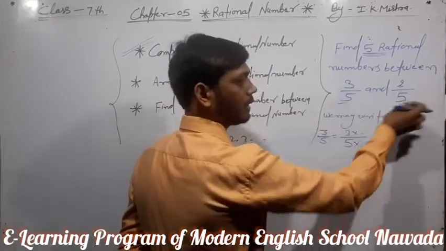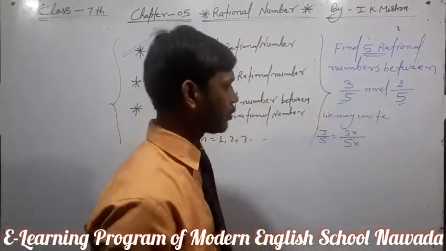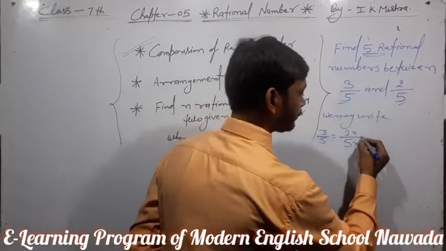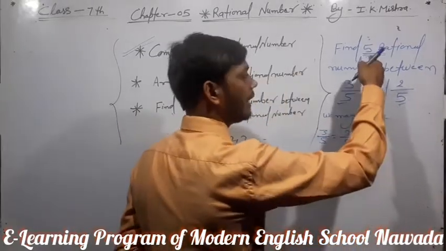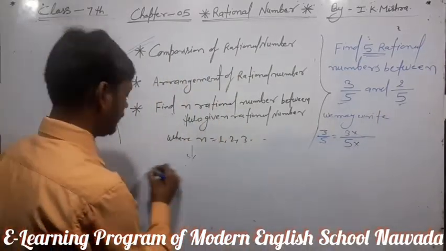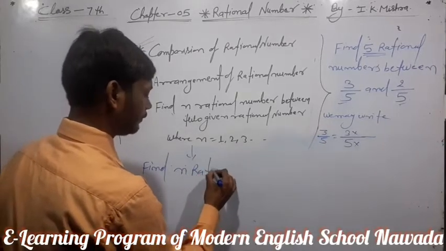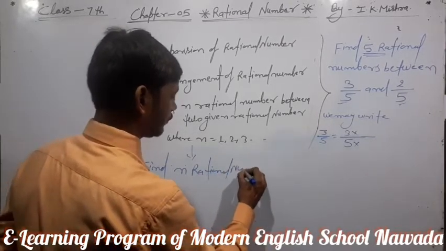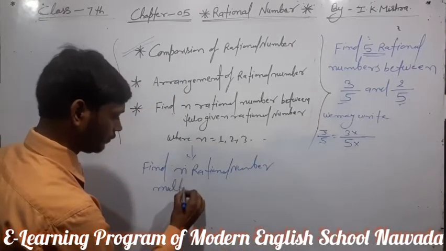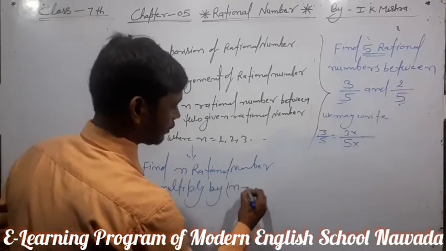Here the denominators are already the same, 5, so we multiply 3 by 5 by n plus 1. When you have to find n rational numbers, multiply by n plus 1.